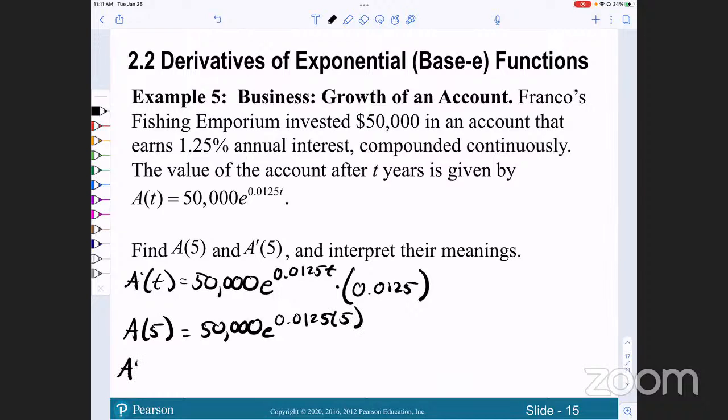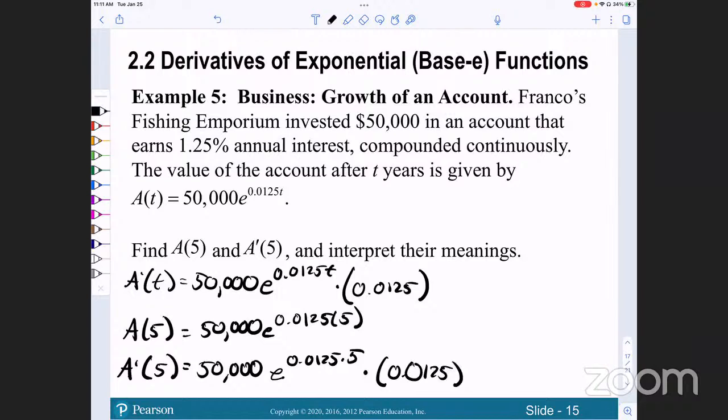And then A prime of 5. That's the annual rate of growth. That's going to be the 50 e to the 0.0125 times 5 times 0.0125. Okay. More than likely it's going to be an approximation.